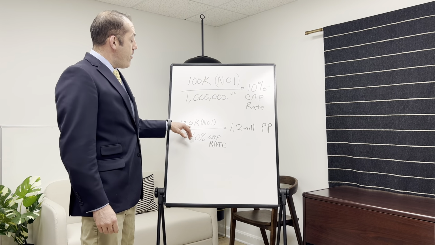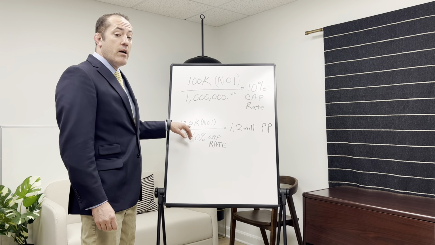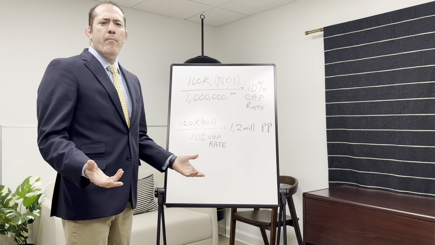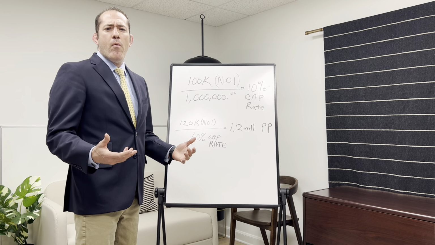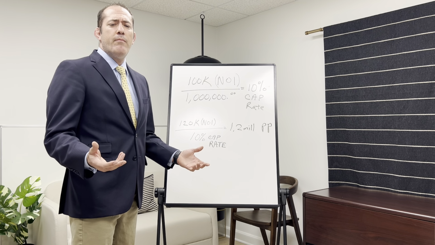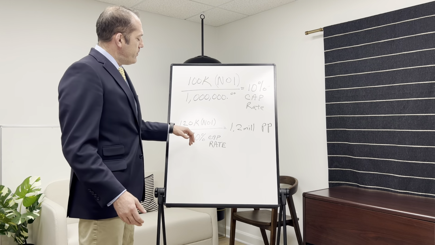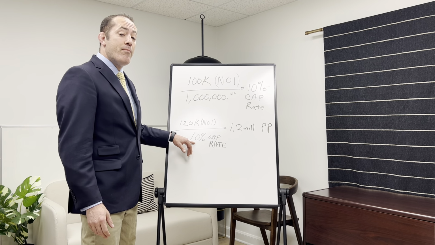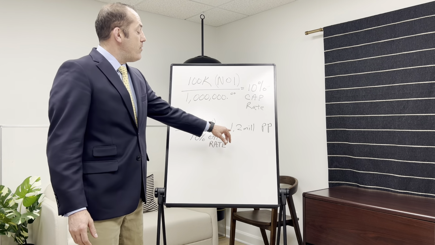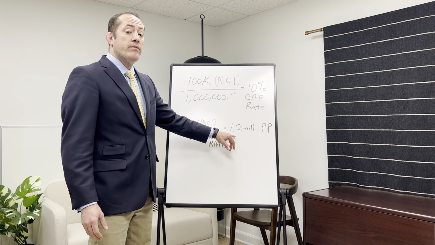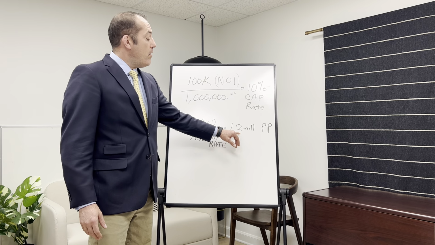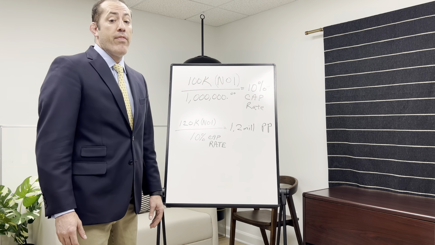Let's say now, a couple years later, your net operating income is $120,000 a year, okay? Let's say, hey, I'm thinking about putting this on the market. The market cap rate in my area is about 10% for office buildings, all right? So I'm going to take my net operating income, divide by a 10% cap rate, and that equals $1,200,000. So that is the fair market value, if you will, of what your property is now worth, okay?